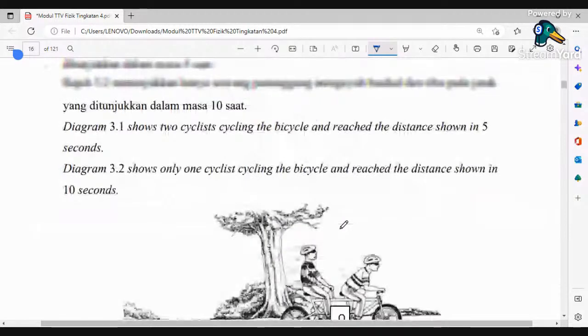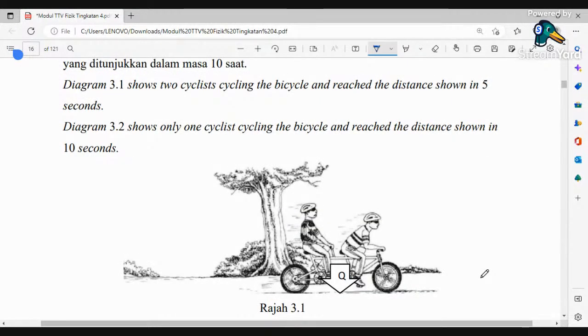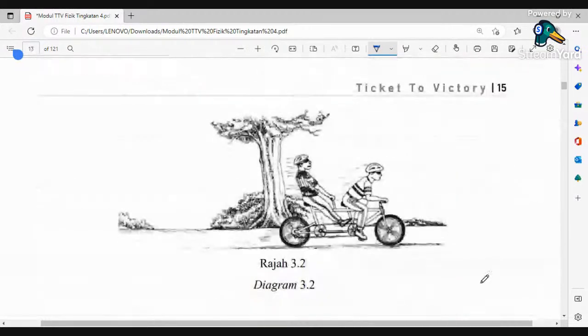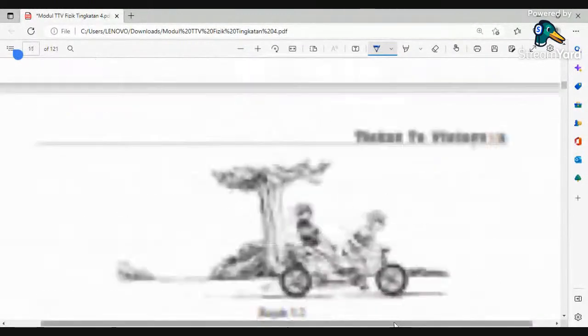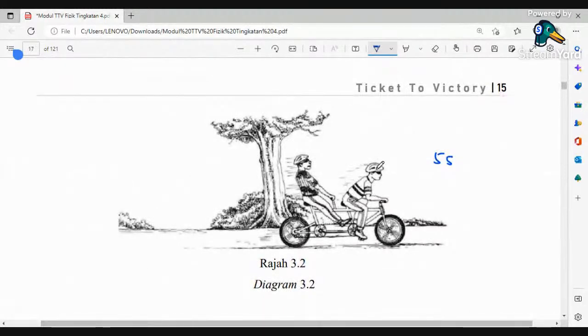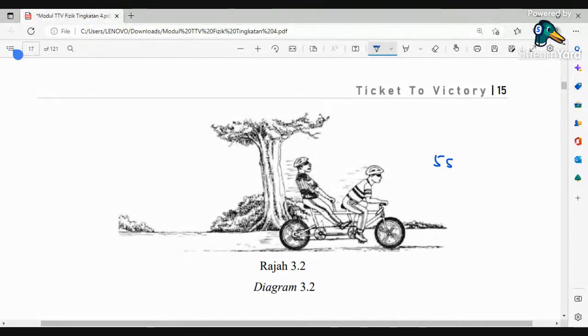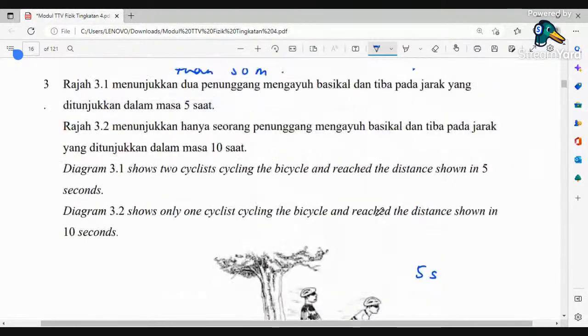Kalau 1 dia ambil 10 second, yang ni 2 cyclist 5 second. Okay, so boleh nampak perbezaan diagram. Yang ni nampak steady, tapi yang ni nampaknya dia lebih laju. Okay, you can see ada angin tu belakang tu. Ini lebih laju. Okay, higher speed, right?